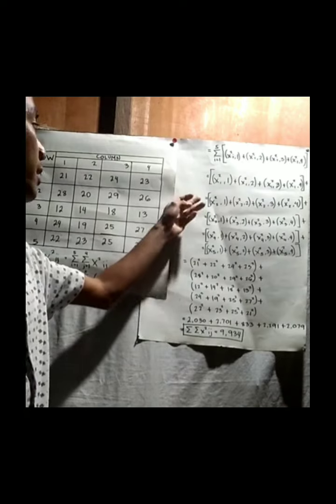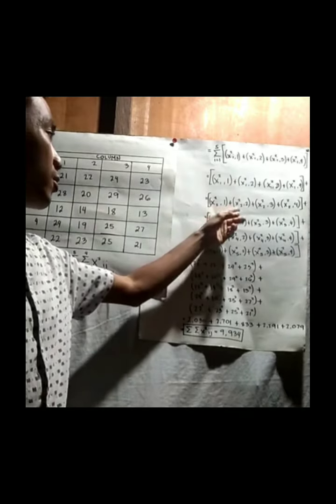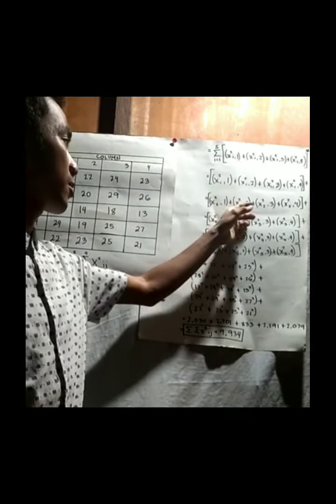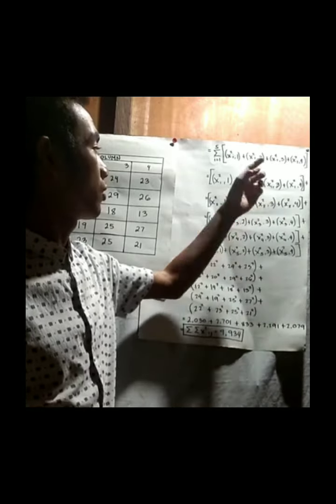Then next is x squared sub 2 in column 1, x squared sub 2 in column 2, x squared sub 2 in column 3, x squared sub 2 in column 4, and so on and so forth until row 5.